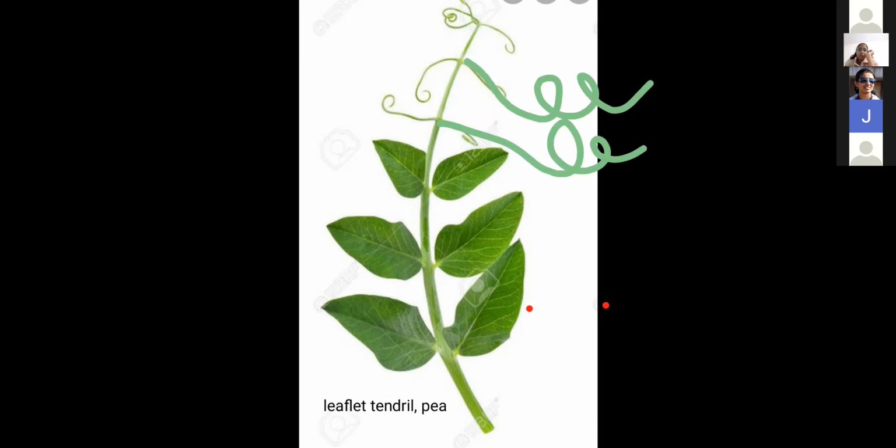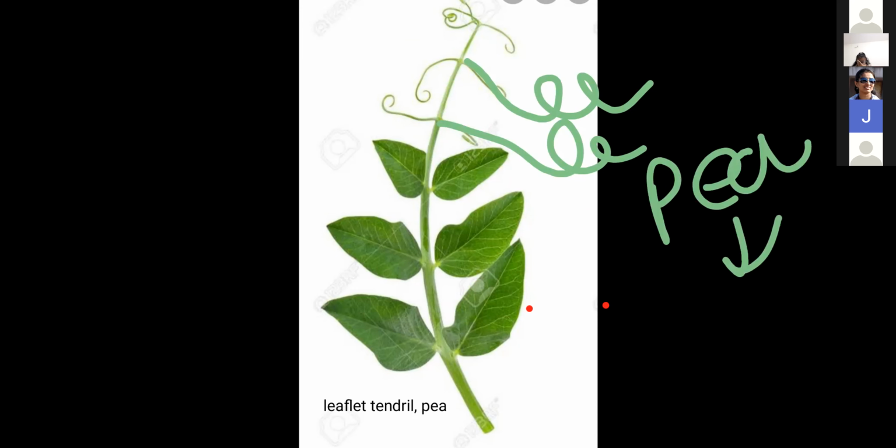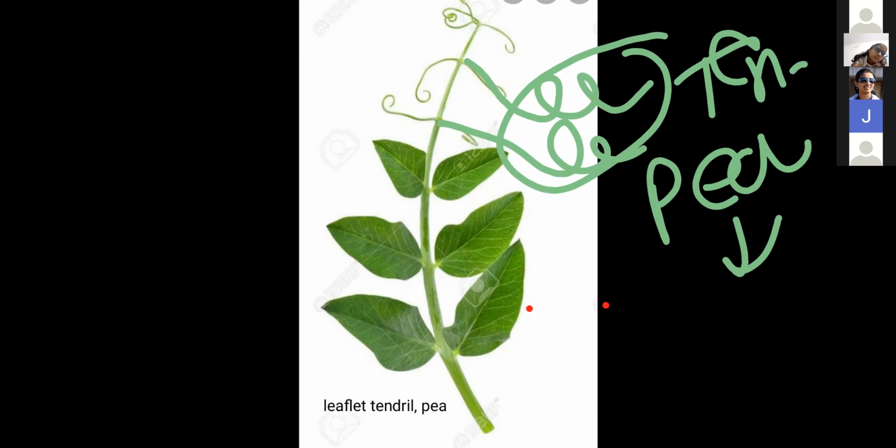So remember, in the pea plant the stem is very weak and needs support to grow upright. That's why the terminal leaflets are modified. Remember to write the term leaflet, not leaf, because this is a compound leaf. The terminal leaflets are converted into this long spirally coiled tendril structure.